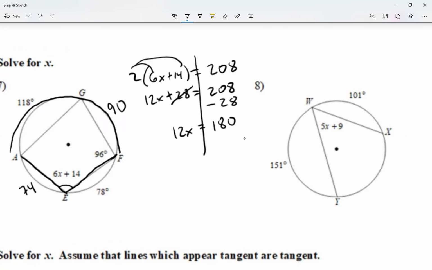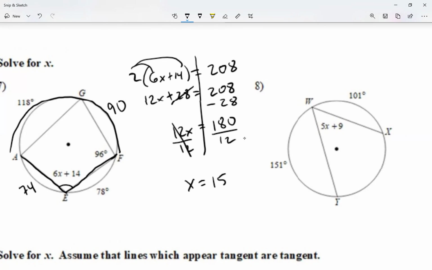So let me divide both sides by 12. So x equals, right? Because 12 divided by 12 is 1, so 1x. So I'm just going to write an x there. 180 divided by 12 is 15. My instructions were solve for x, so x is equal to 15. My answer, don't forget, like always, just write down the number. You don't have to type in x equals, just type 15.